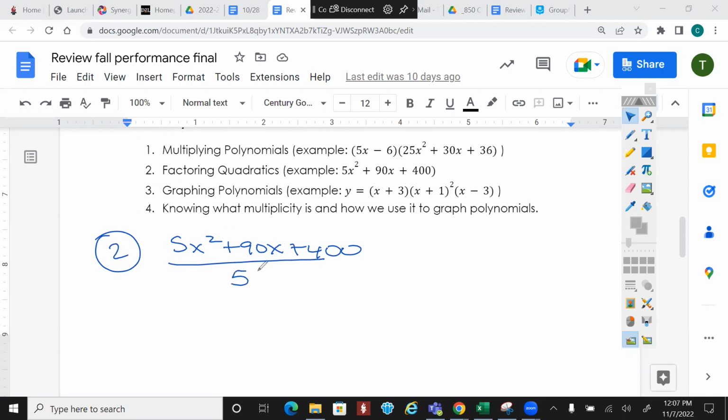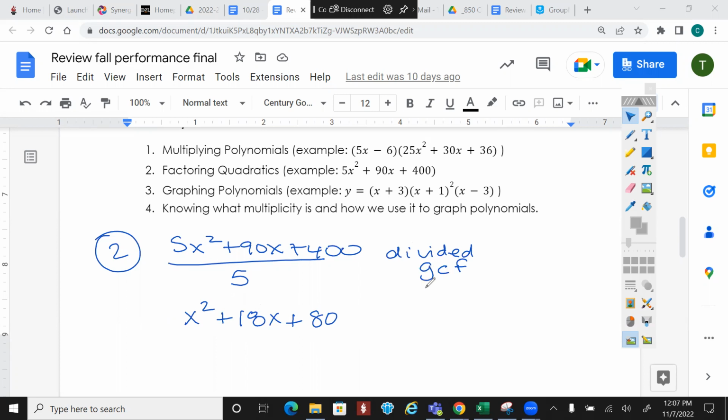So when I take 5x squared and divide it by 5, that's going to give me x squared. When I take 90 and divide it by 5, I'm going to get 18x. And when I take 400 and divide it by 5, that's going to give me 80. So far, all I've done is divide by the greatest common factor.